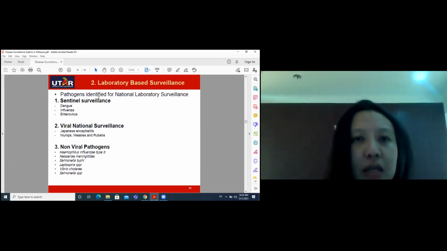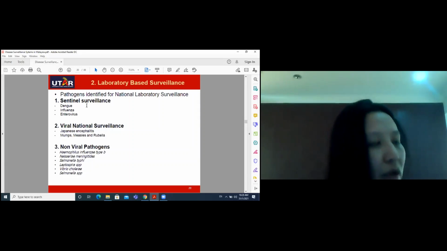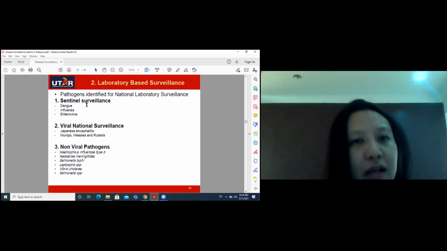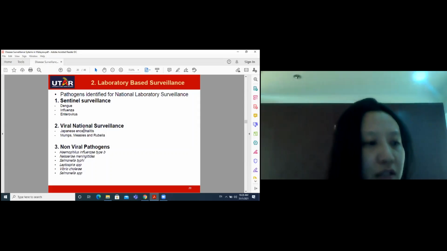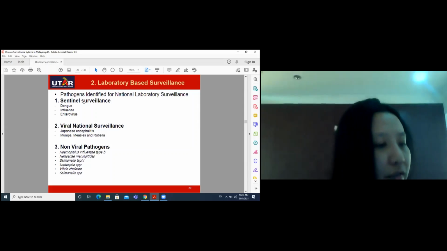So in this laboratory-based surveillance, for the pathogens identified, we have 3 different types of surveillance here. We have sentinel surveillance, viral national surveillance, and non-viral pathogens, which are classified into 6 types here. So what is called sentinel surveillance here?